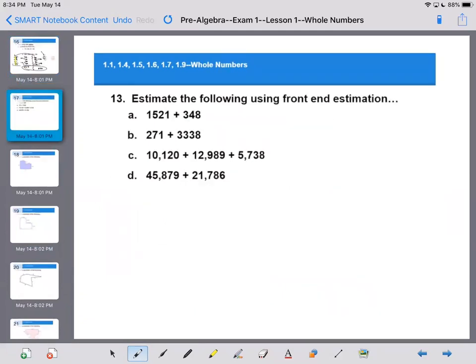So front-end estimation, the 1,521 and 348. You can look at the front end here and say that's 1,000. The front end here, you can say that's 300. So that would be 1,300 as a result, and that would be your low end.